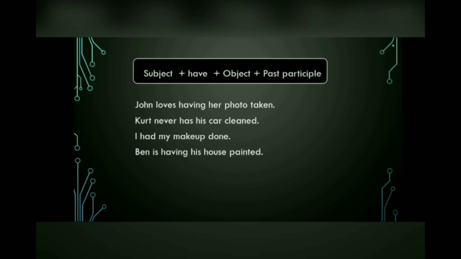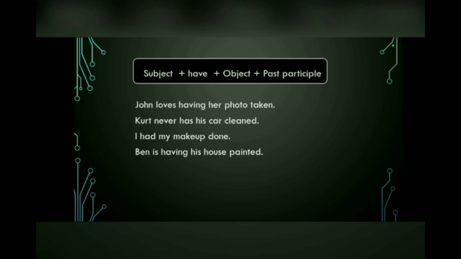You will notice that we are not saying who performs that action, and this is normally because it is obvious: the hairdresser, the house painter. In fact, we wouldn't say a house painter, we would say decorator, painter and decorator.